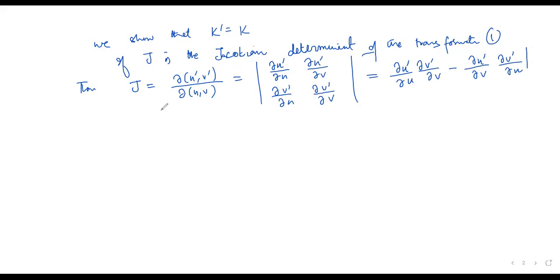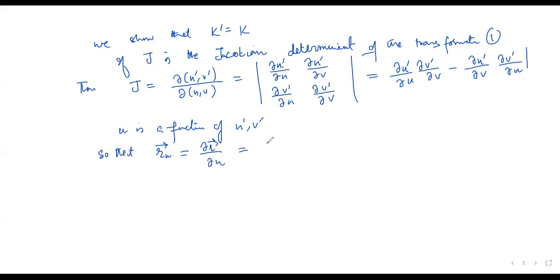Now u is also a function of u prime, v prime, because we can locally invert those transformation functions f and g, so that हमें इससे पहले भी कर चुके हैं, I think r sub u is equal to del r by del u.